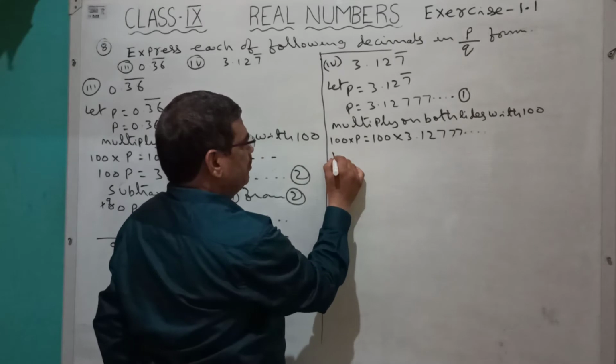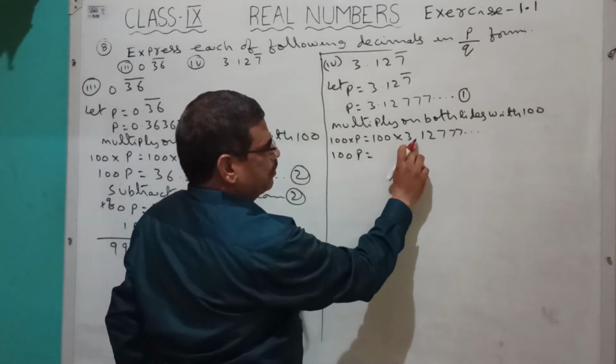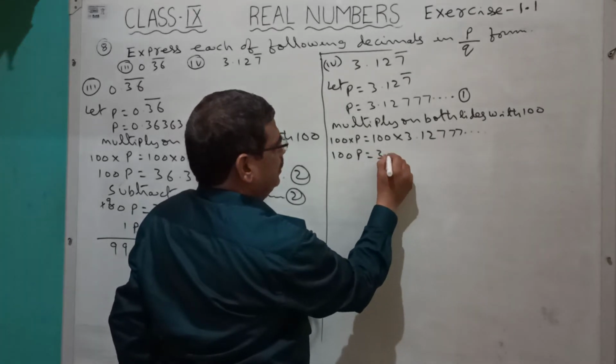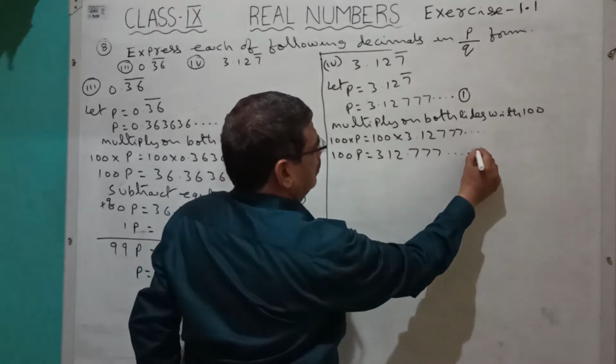So 100 P is equal to 312.777, and so on. Make it 2.